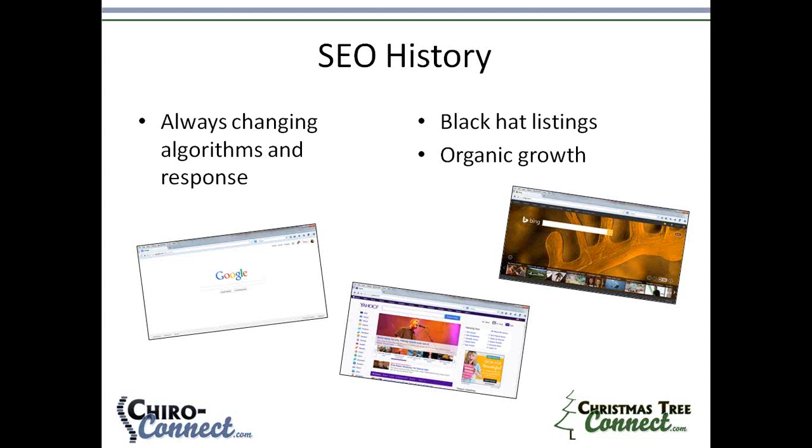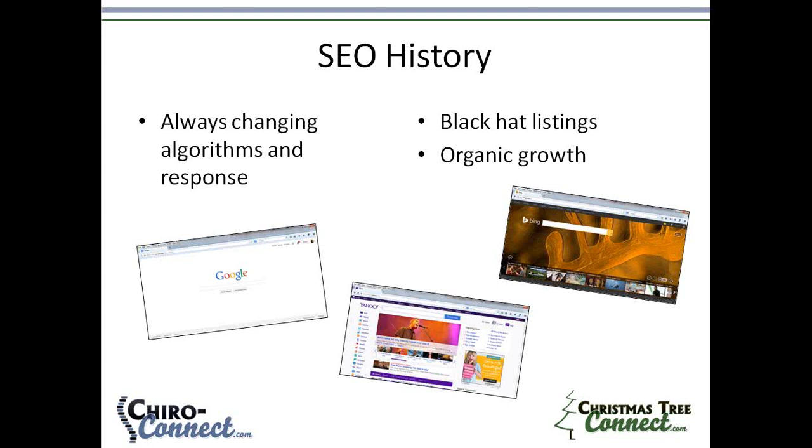So it's looking to provide you the best answer for your actual question rather than just the best response to the keywords within the question. And the three pictures I have displayed on this slide are just the three most popular search engines at this time.